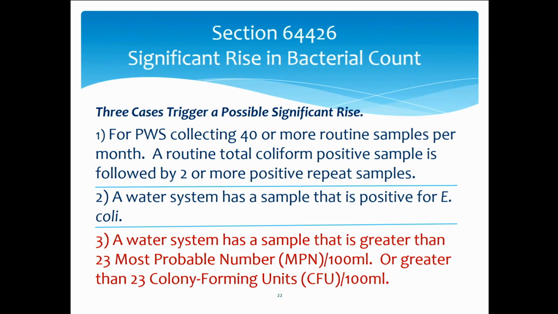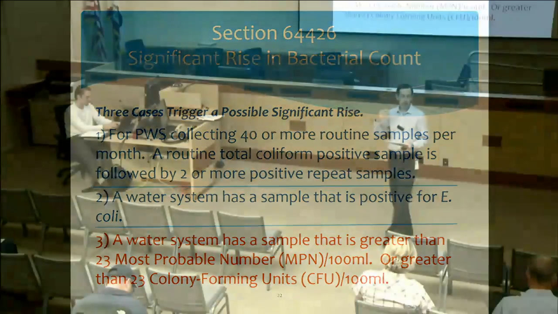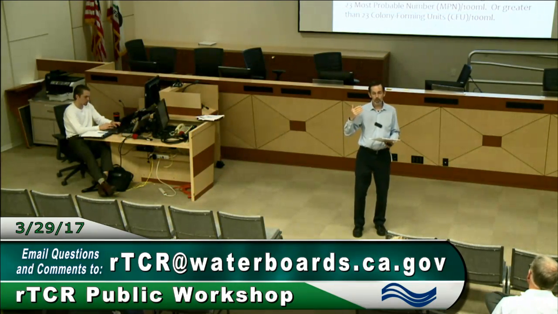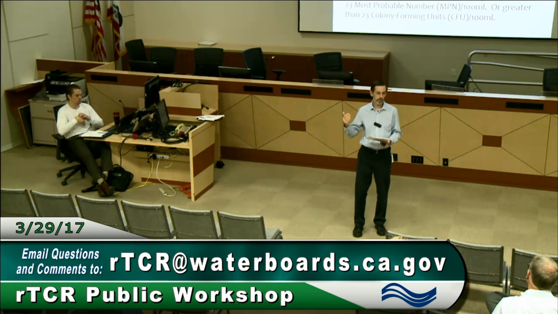Under the existing rule, they don't have to be. Under our proposed RTCR, they have to be. But one thing I forgot to mention, the requirement for those additional samples under the RTCR only applies to systems on quarterly monitoring. So they're only going to apply to transients that are on quarterly monitoring.